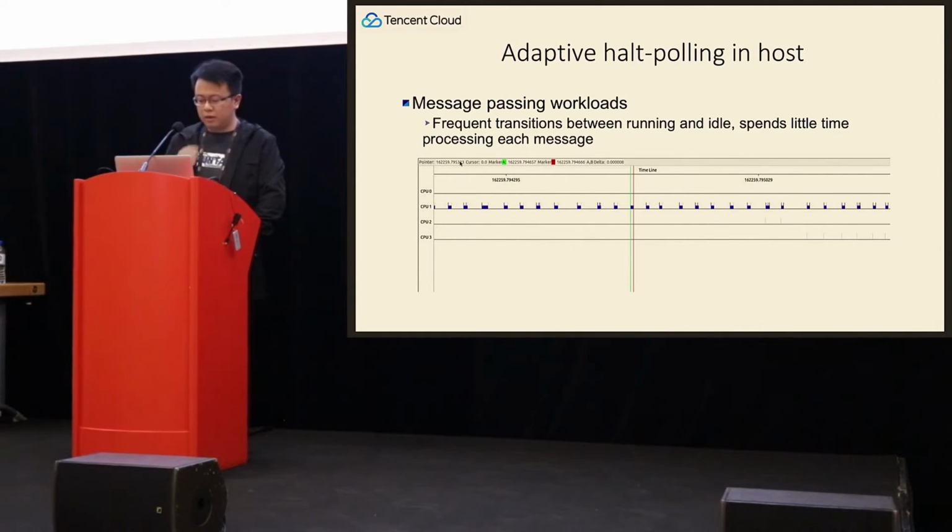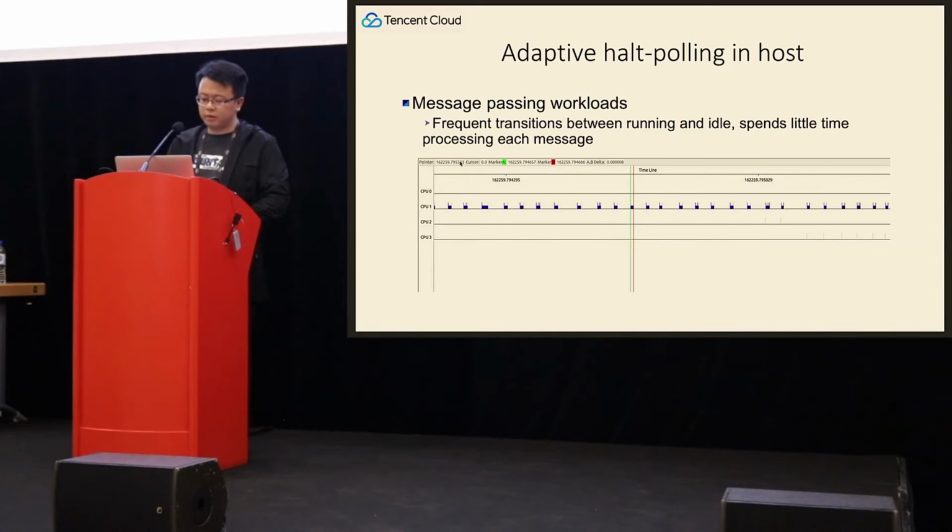The poll logic is more suitable for the message passing workload. It may not be suitable for other scenarios, for example, an idle Windows guest. The idle Windows guest still has a periodic timer interrupt. Unlike a Linux guest, it doesn't have tickless features.